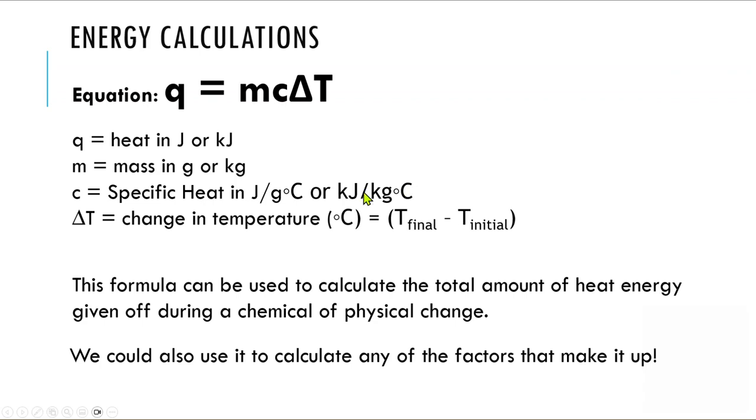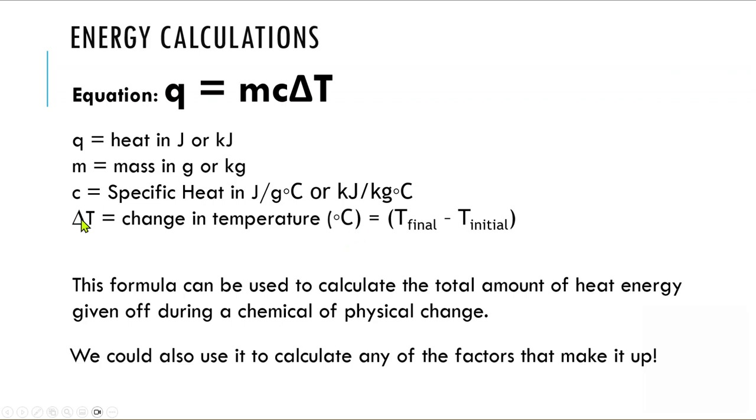So remember, specific heat is the amount of heat per gram per degree Celsius, which is where we get that unit. Finally, delta T. This little triangle is the Greek letter delta. In science, delta always means change. Capital T always refers to temperature, so delta T is the change in temperature, and temperature is measured with just degrees Celsius.